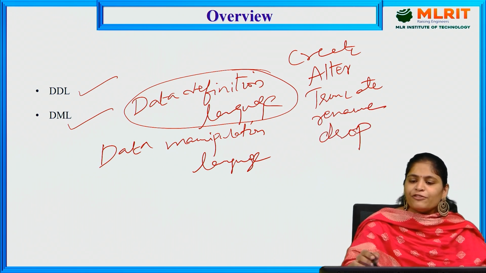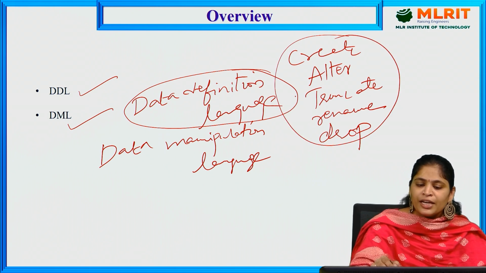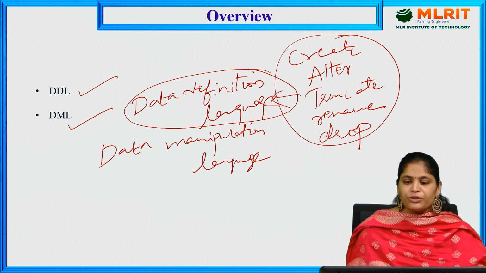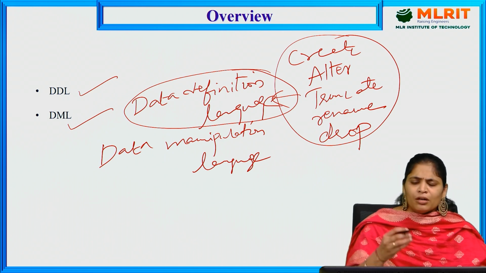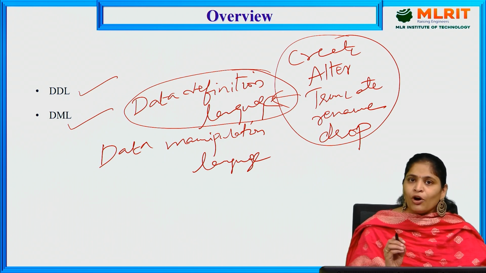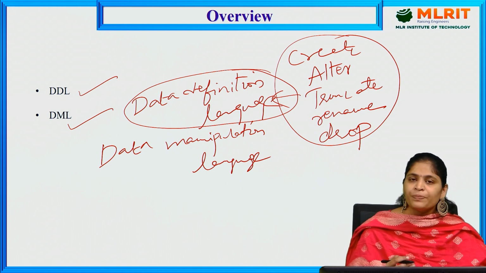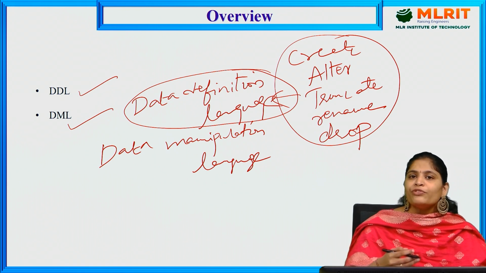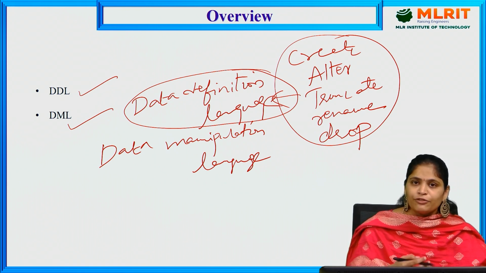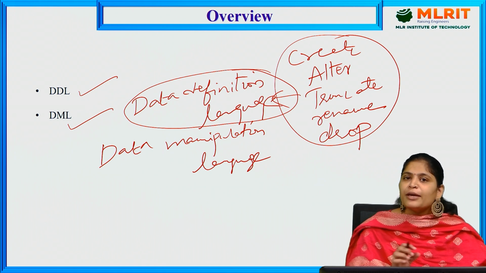So these are the 5 commands included in DDL. These commands help to create a table or a relation, to drop a relation, to modify a relation, to remove all the rows, the content from a relation, and to rename that relation.